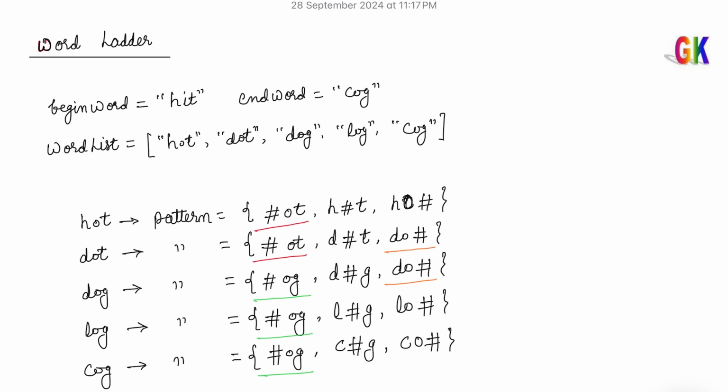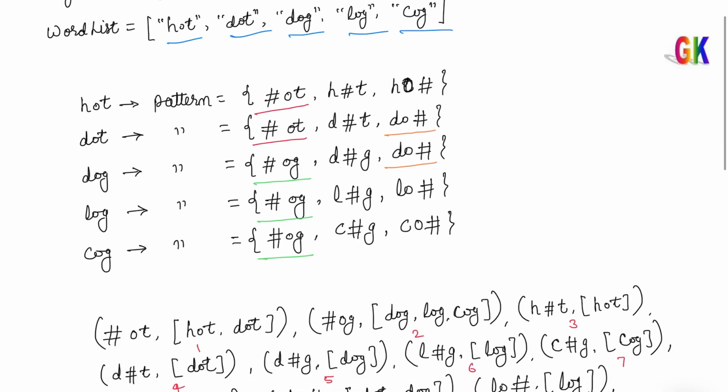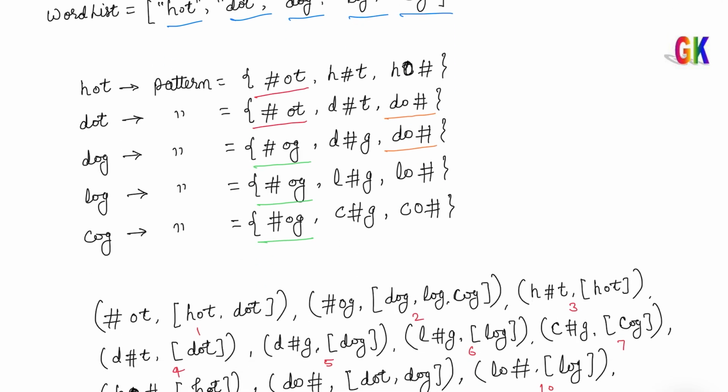What I have done, I have taken this begin word hit and end word cog. Okay, and here word list hot, dot, dog, log, and cog has been given. So what I have done, I have taken patterns for each word inside word list. For hot, there are 3 characters, so there will be a total of 3 patterns: *ot, h*t, ho*.